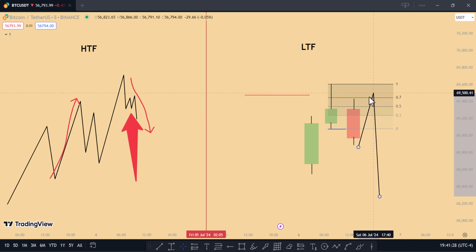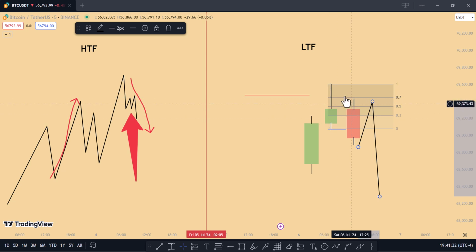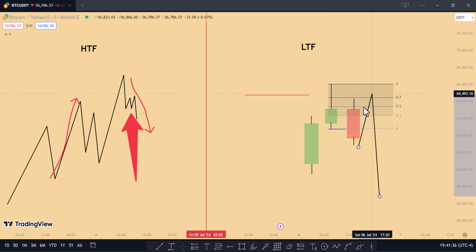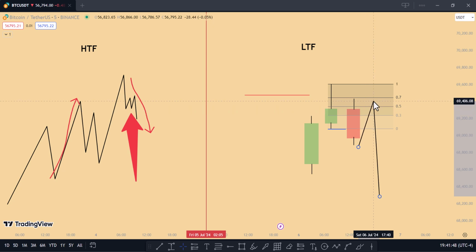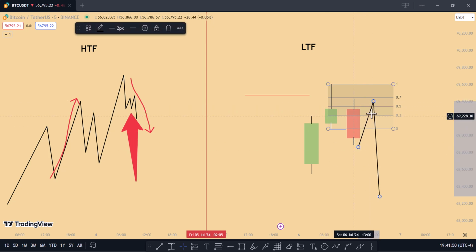Sometimes I wait for a deeper mitigation on this zone, especially if the stop loss is too wide, and then I'm going to look for another sweep inside here, another confirmation. But a lot of times when we are pulling back on the higher time frame, we are going against the trend, price will do deep pullbacks since we are more bullish than bearish, right?